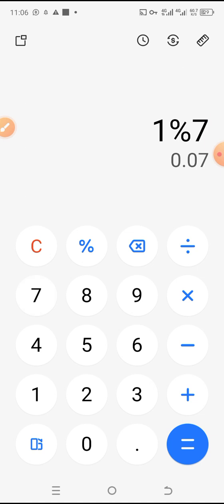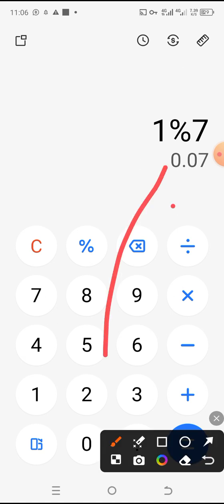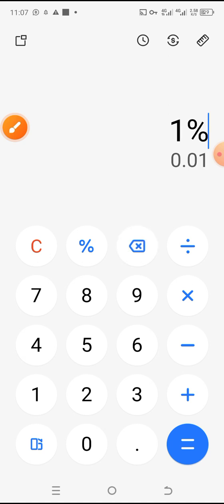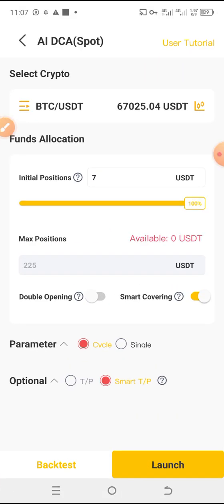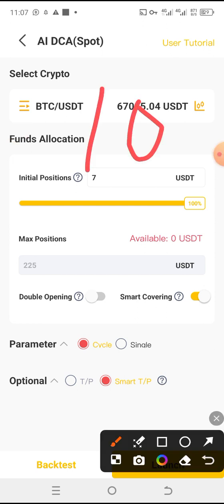But the issue is, most of us do not understand the game of crypto. Crypto goes up fine, but you should plan for the dip. Otherwise, if you don't plan it very well, let's put it this way. Let's take it back to this page, because this is the page we want to be seeing. Assuming you buy $10 at the beginning, and later it goes down, you buy another $20.